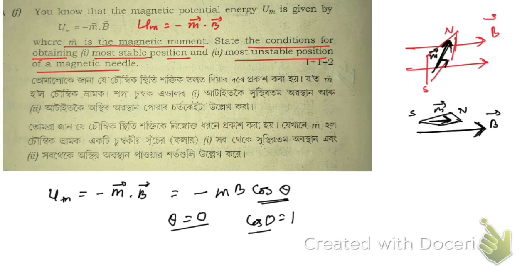In that case, the potential energy will be minus MB, and this is the minimum value of potential energy.